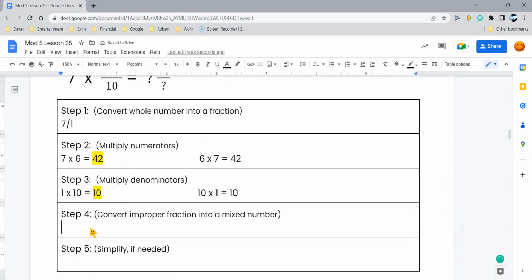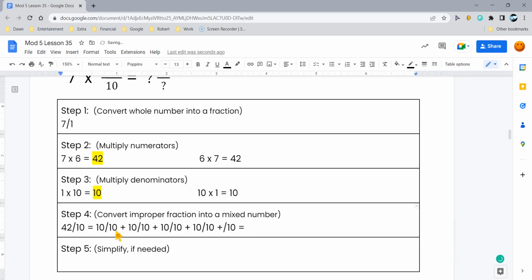And then I write here, 42 over 10. And yes, 10 is smaller than 42. So I'll go 10. Oh, I forgot the 10 down here, you guys. 10, 20, 30, 40, 50. I know I've gone too far because I need 42.